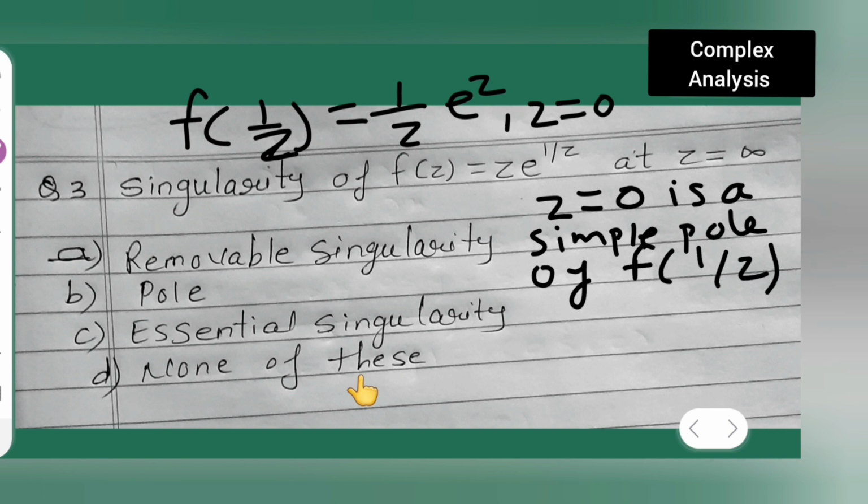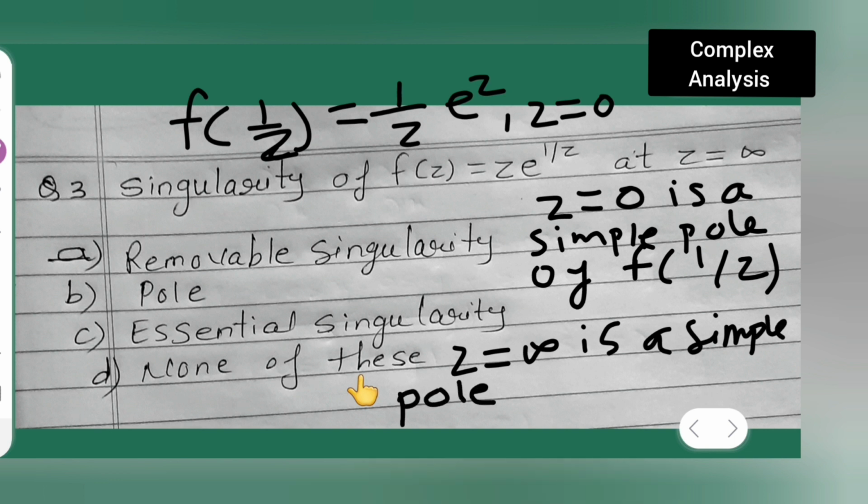Okay, and z is equal to infinity is a simple pole of f of z. So the correct option is again the B one.